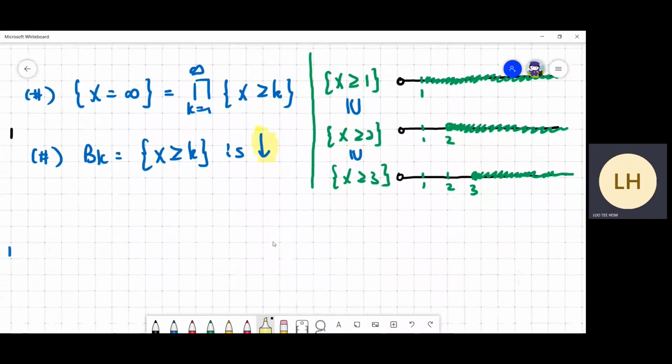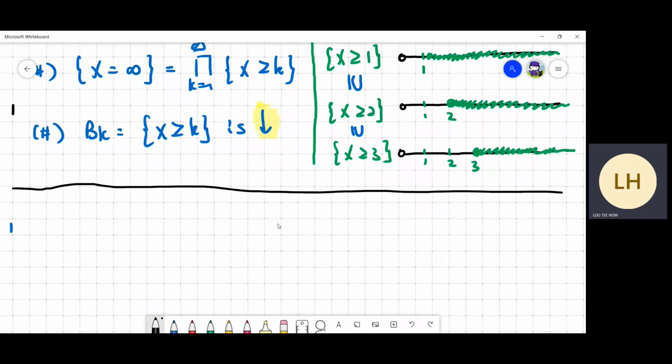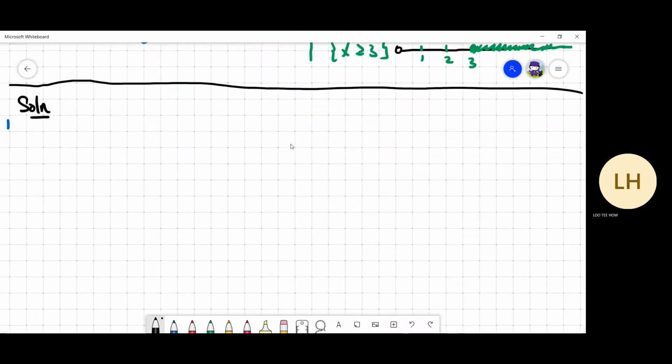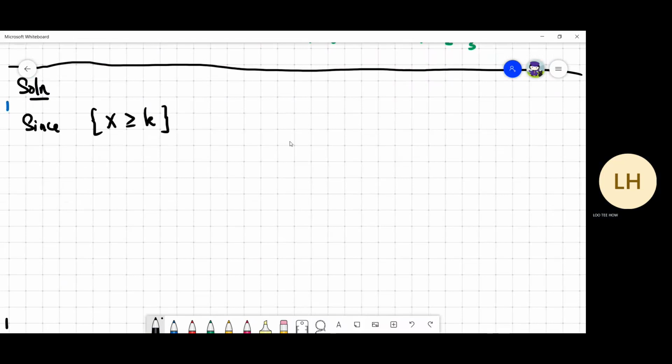Okay, we have already gathered all the techniques that are needed, as well as the observations. Now we can look at the solutions. The solution is actually quite similar to the solution in part A. First of all, the sequence of events X greater or equal to k is decreasing.